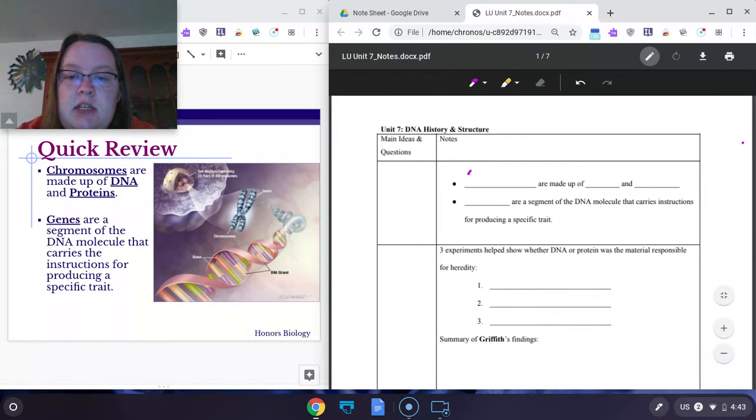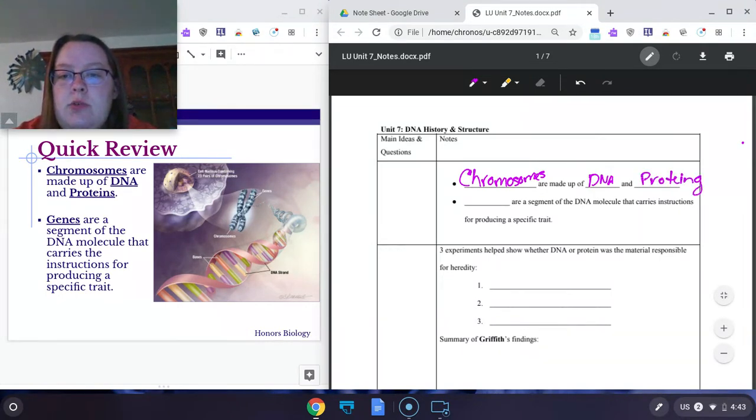Chromosomes are made up of DNA and protein. Chromosomes, which are located in our cell's nucleus, are made up of DNA and proteins.